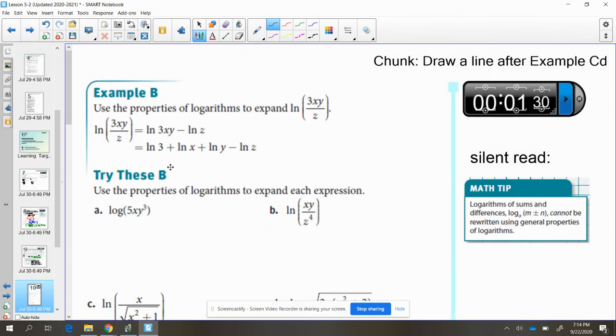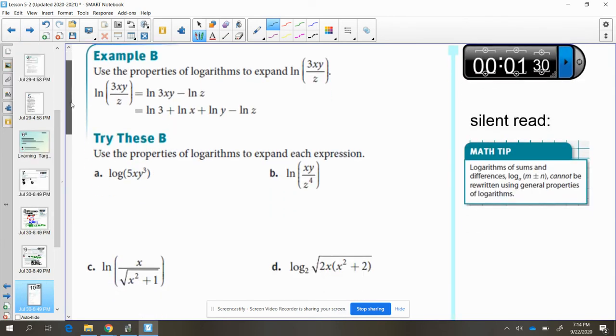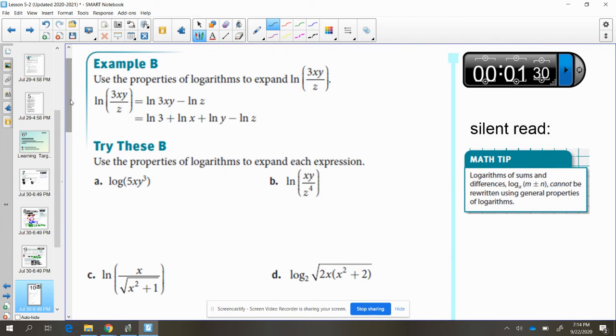Now comes the fun part, which you may or may not want to expand at times to a different sheet of paper, but we're going to look at some of these problems to expand these out. They give us one example here, and then they want us to start expanding these as well. Notice we have multiplication between 3 different values, and we have an exponent.